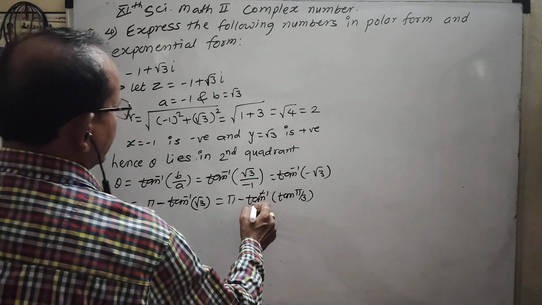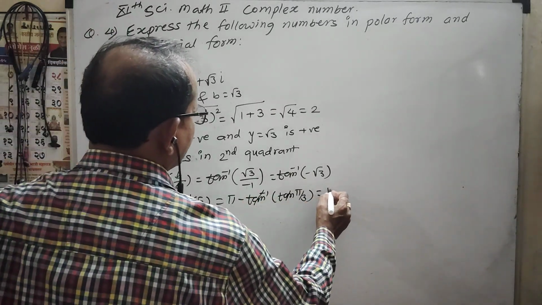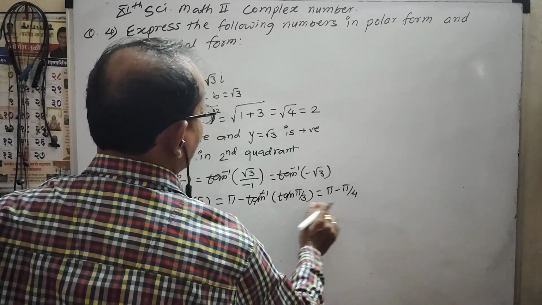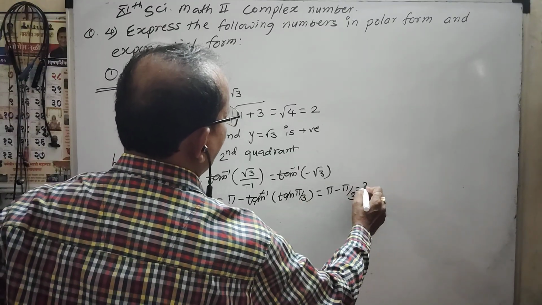Tan inverse gets cancelled. Pi minus pi by 3, it is 2 pi by 3.